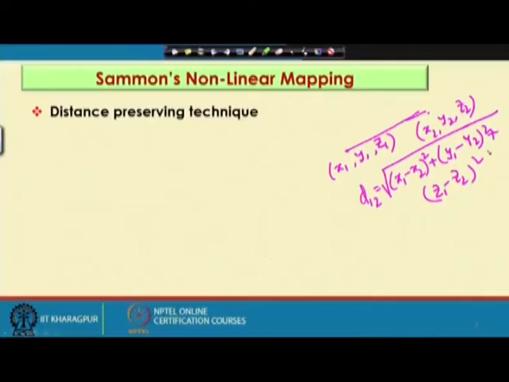In this particular technique, what we do is we try to keep the Euclidean distance between the 2 points constant, but we do not take care of the relative position of the second point with respect to the first point, and that is why this is a distance preserving technique, not a topology preserving technique. Now, let us see how it works.